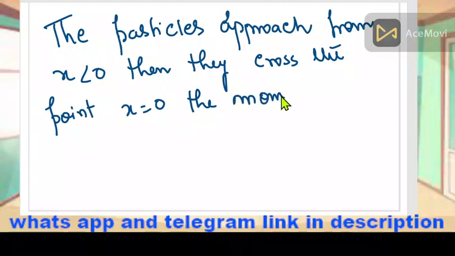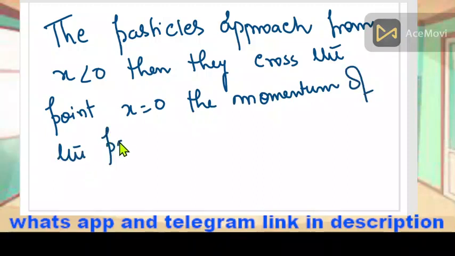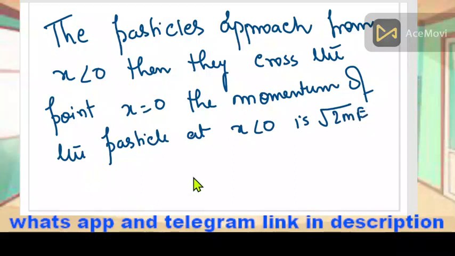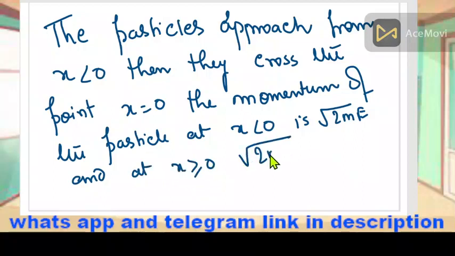The momentum of the particle at x less than 0 is root under 2mE, since P is equal to root p square by 2m is E, and at x greater than or equal to 0 it is root under 2m into E minus V naught.